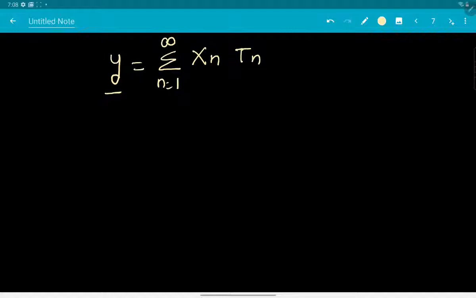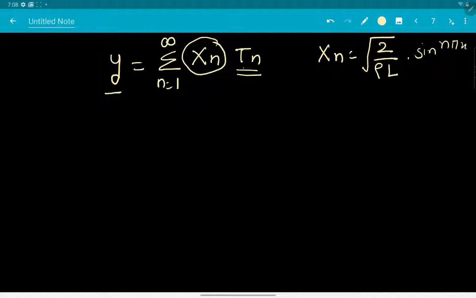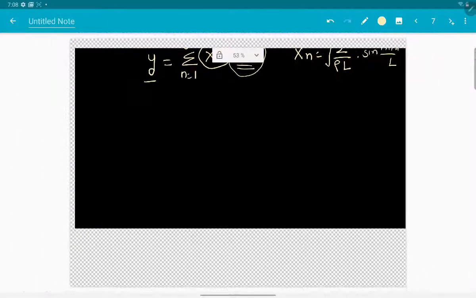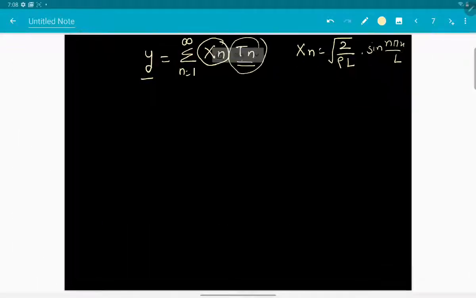Okay, so Tn is a function of time, Xn is a function of x, and we know the expression of Xn. Xn is 2 over square root of rho L times sine n pi x over L, and Tn is harmonic in nature with natural frequency omega n.